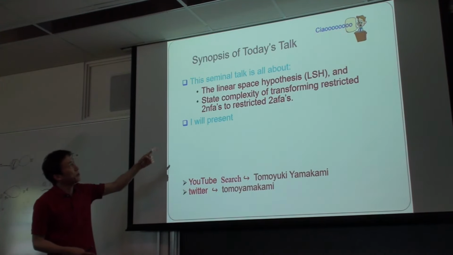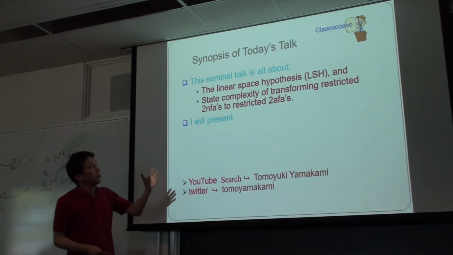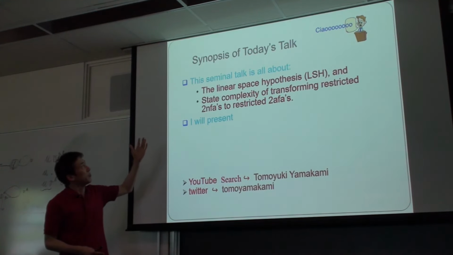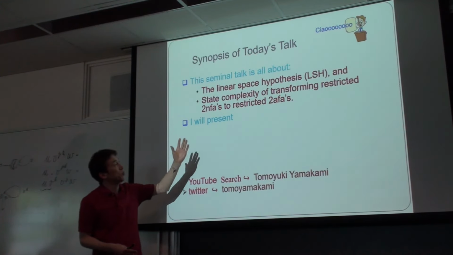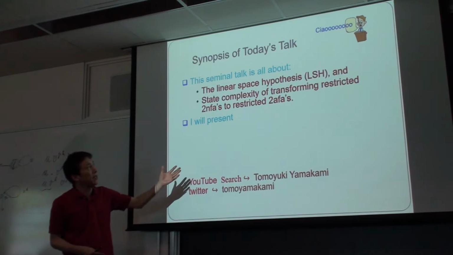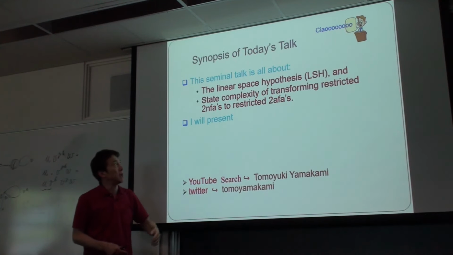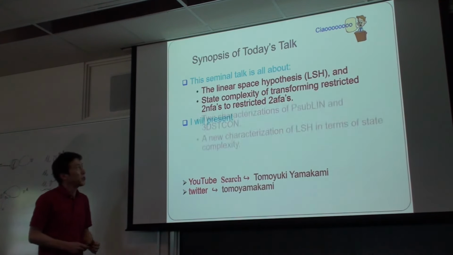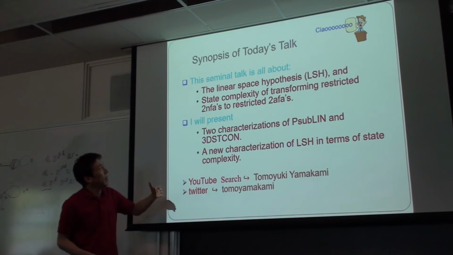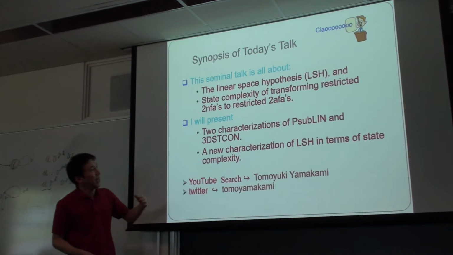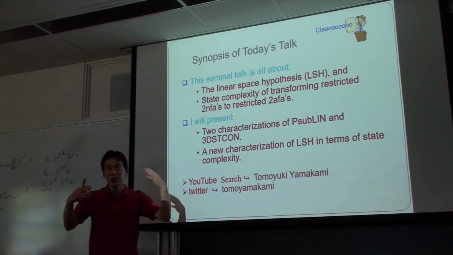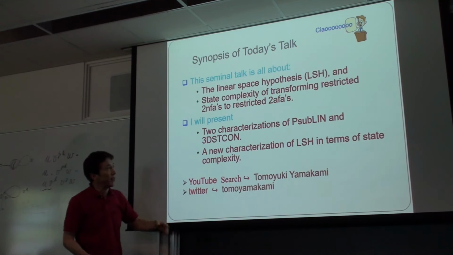Also, the state complexity transformation from restricted two-way non-deterministic finite automata to some restricted version of two-way alternating finite automata. Through this talk, I'm going to explain the two characterizations of the P subling complexity class, which I'm going to explain later on.